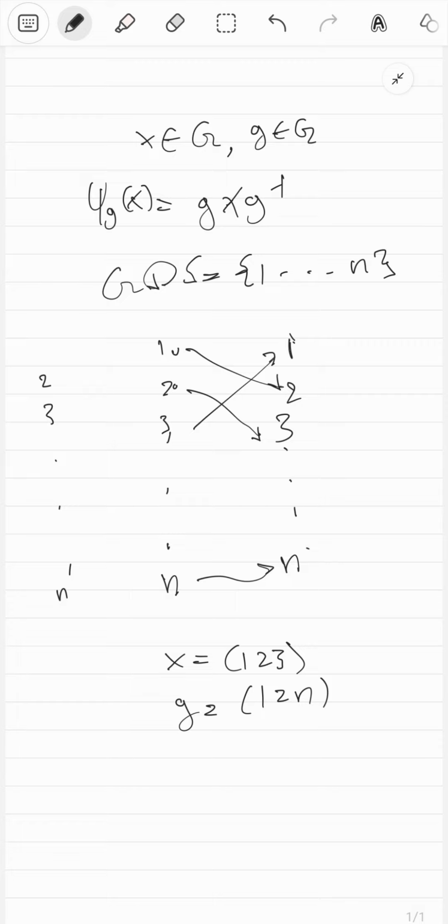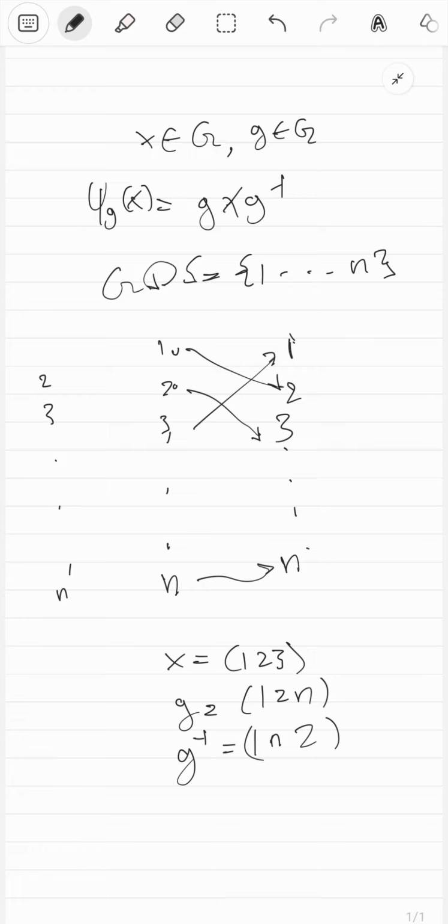So g is this thing, then g inverse will essentially be something that sends n to 2, because 2 was sent to n. It sends 1 to n, and then it sends n to 2 and 2 back to 1. That's what g inverse is, right?